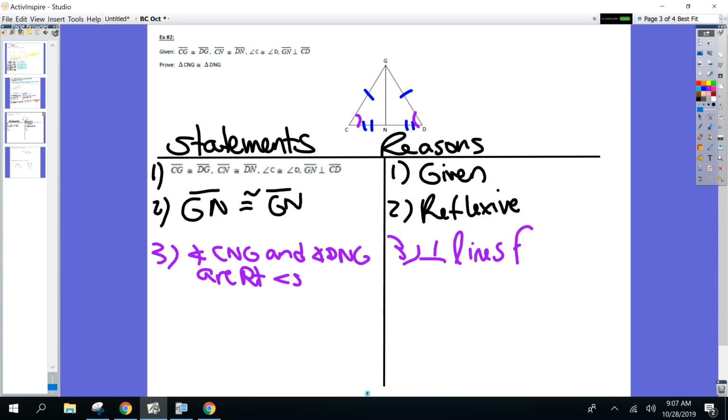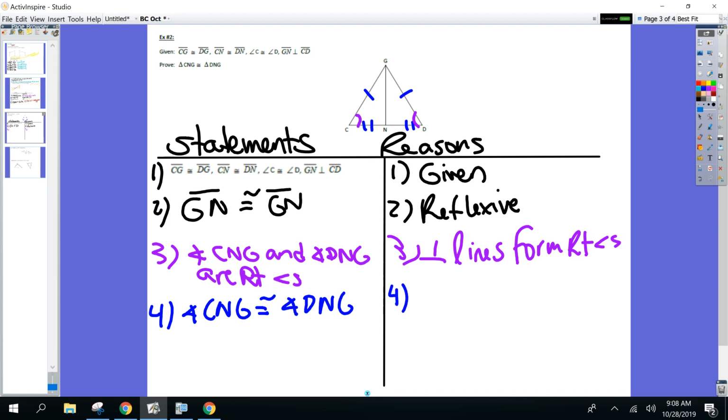That's fine too. Now you can tell me they're congruent after you tell me they're right angles. All right angles are congruent.